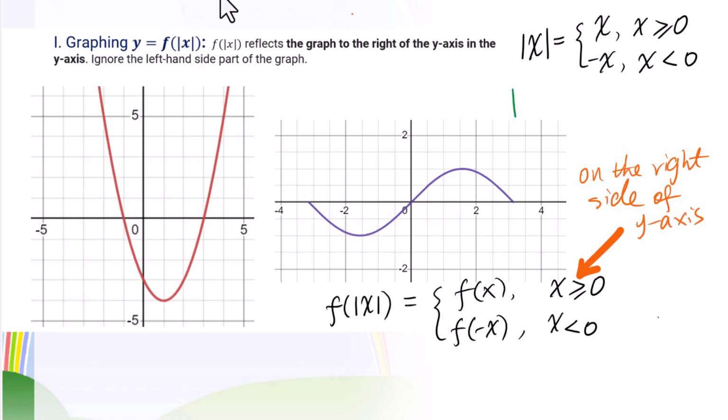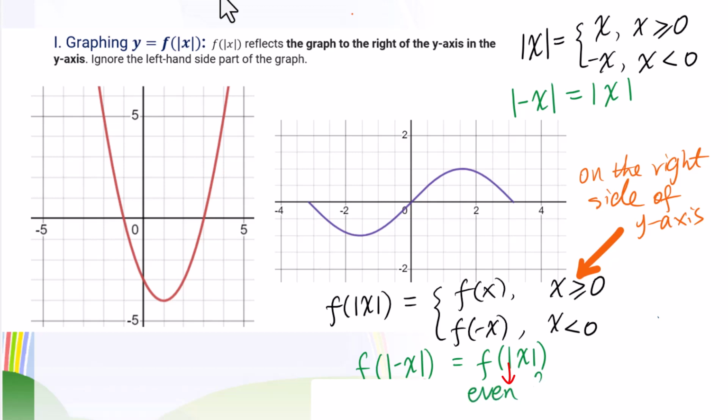Also, we know absolute value of negative x equals absolute value of x. So f of absolute value of negative x equals f of absolute value of x, which means f of absolute value of x is an even function.